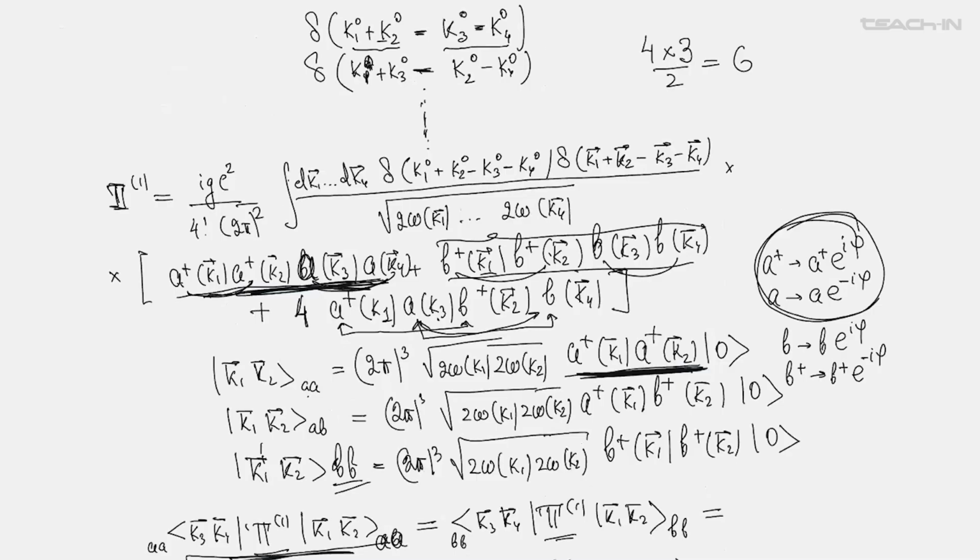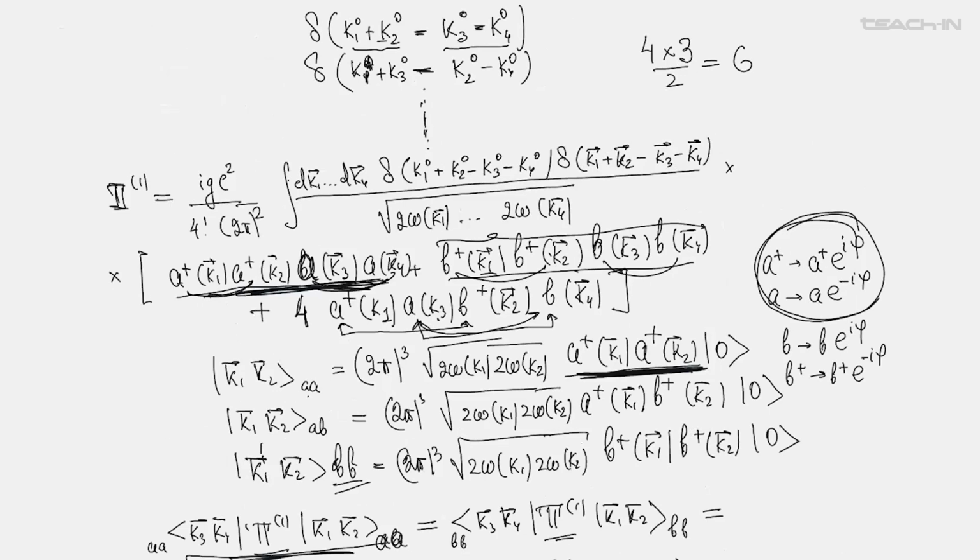Could you please explain the meaning of the terminology on shell and off shell? On shell means that the free fields solve their equation of motion, which is the Klein-Gordon equation, box plus m squared on phi is equal to 0. In momentum space, that equation reduces to k squared plus m squared on phi of k is equal to 0.